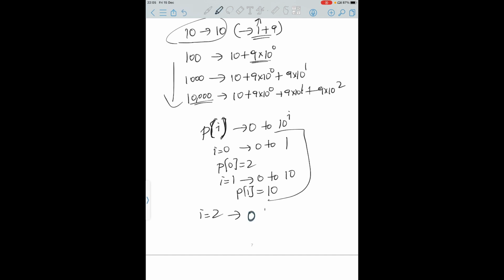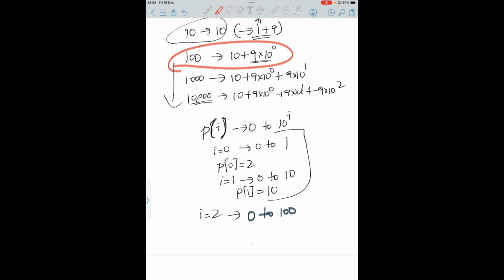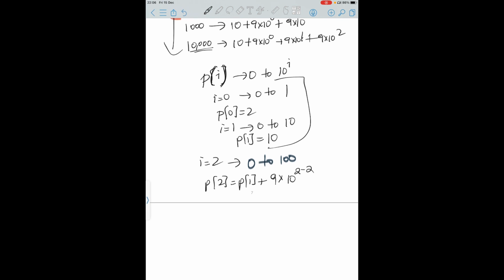We can say the number of such numbers from 0 to 100. You can clearly see here that we borrowed this 10 from here. So we can say p of 2 equals p of 1 plus 9 into 10 to the power of 2 minus 2. So overall the recurrence relation would be p of i for i greater than or equal to 2 equals p of i minus 1 plus 9 into 10 to the power of i minus 2.